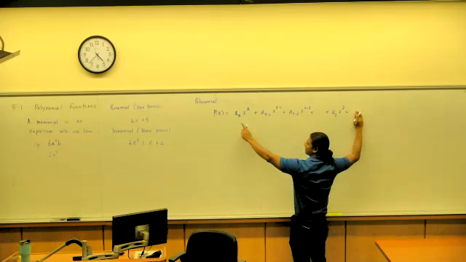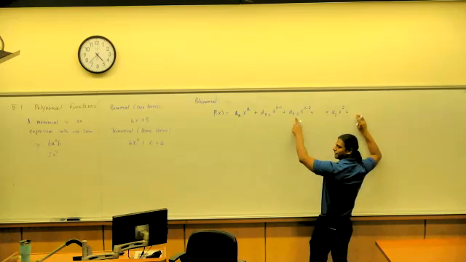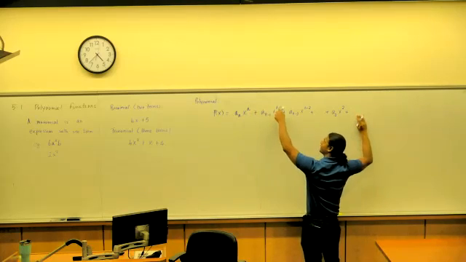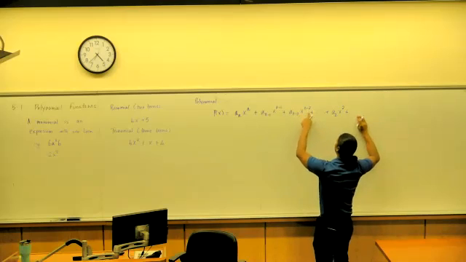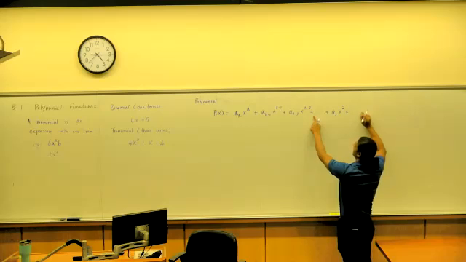Look at these. From n I went to n minus 1, n minus 1 to n minus 2. So what should the next one be? N minus 3, that's over here.